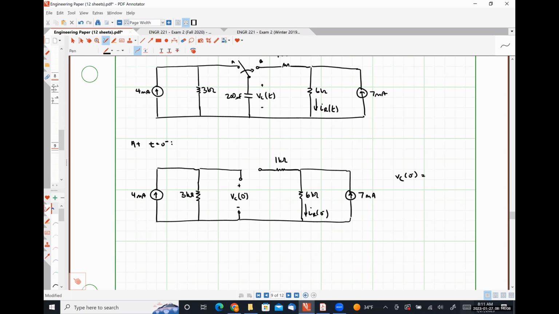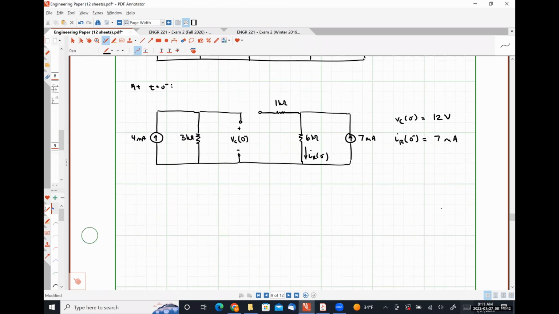So all 4 milliamps is going to flow through the 3 kilo ohm resistor. So 4 milli times 3 kilo is 12 volts. All right. Jackson, what's my resistor current at 0 minus going to be? 4 milliamps. Absolutely right. So not a whole heck of a lot of circuit analysis needed for our analysis at t equal to 0 minus.